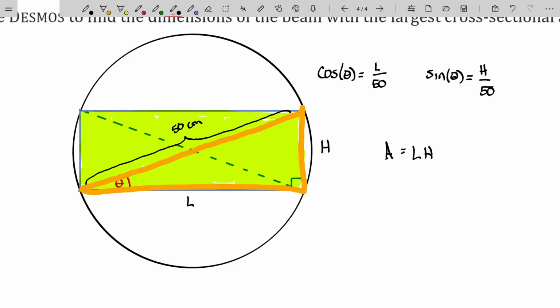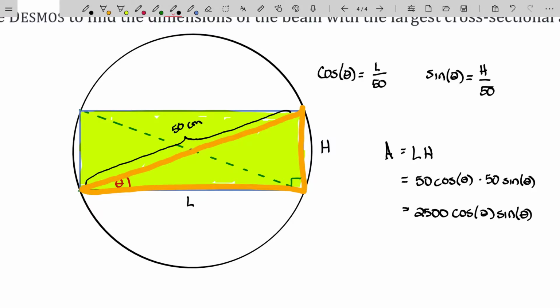And so you find that L is 50 cosine theta and H is 50 sine theta. And so therefore A is equal to 50 cosine of theta times 50 sine of theta, and that's 2500 times the cosine of theta times the sine of theta.